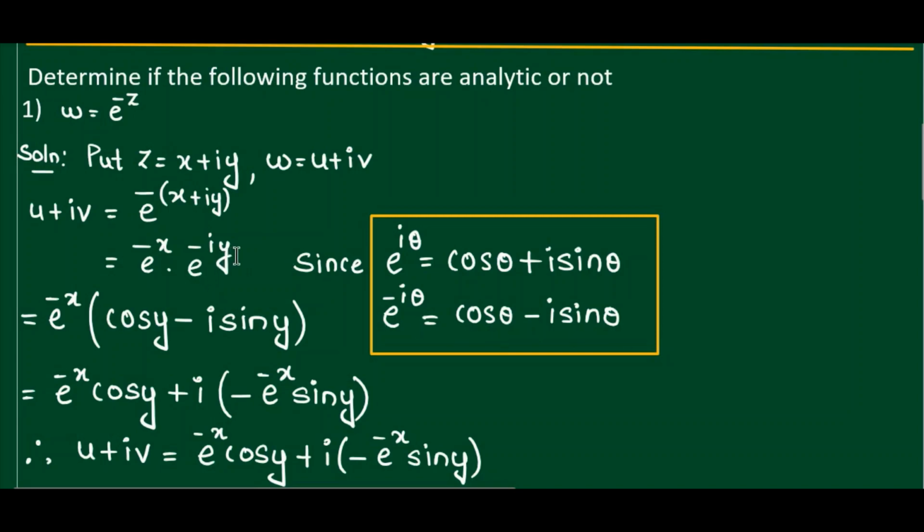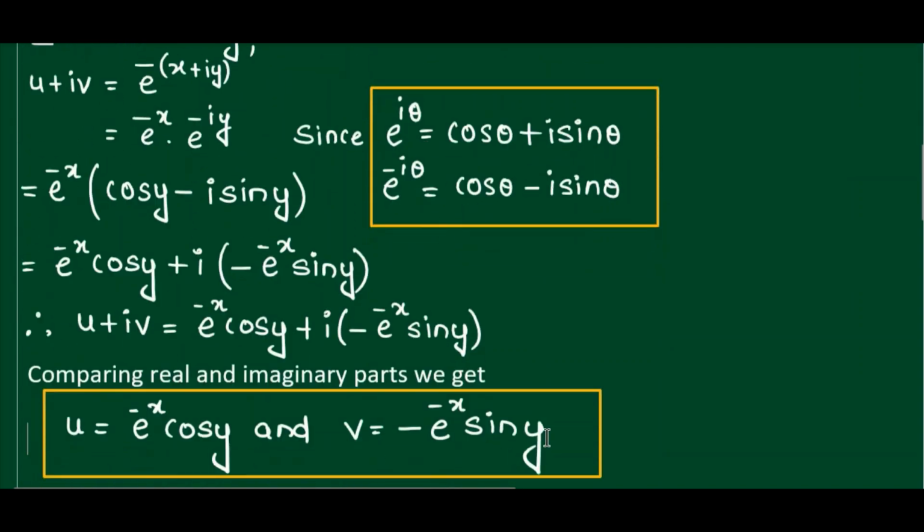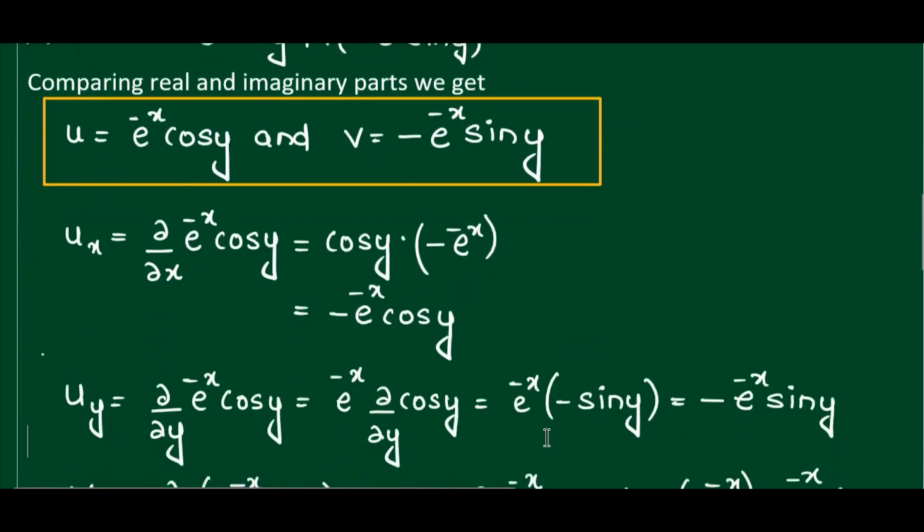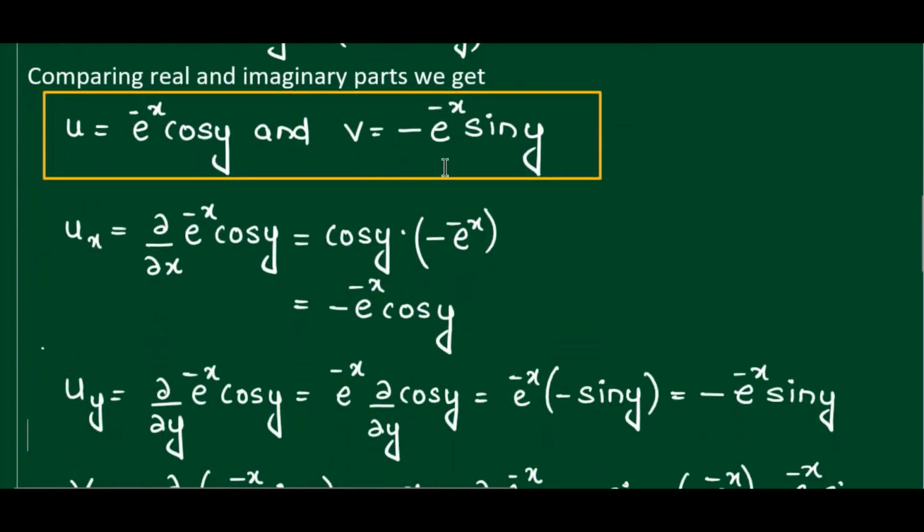Therefore, e raised to minus iy is written as cos y minus i sin y. After converting, compare the real and imaginary parts. So, you get u equal to e raised to minus x cos y and v equal to minus e raised to minus x sin y.